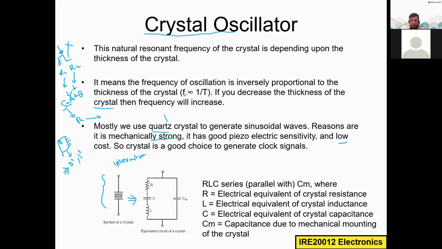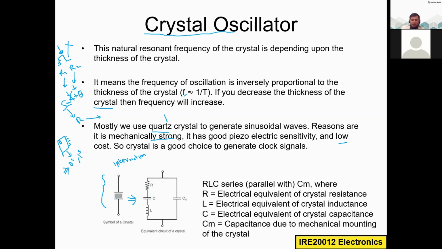So we have R, L, C in series combination, and in parallel we have another capacitor. This is the equivalent circuit of the crystal. Let us see what R is. R is the electrical equivalent of the crystal resistance.